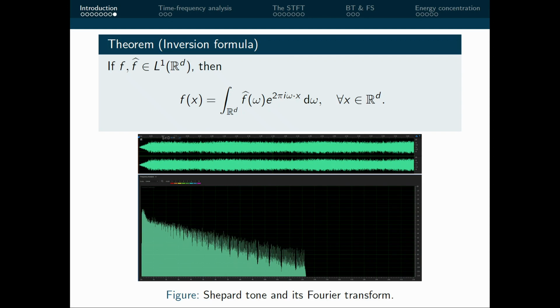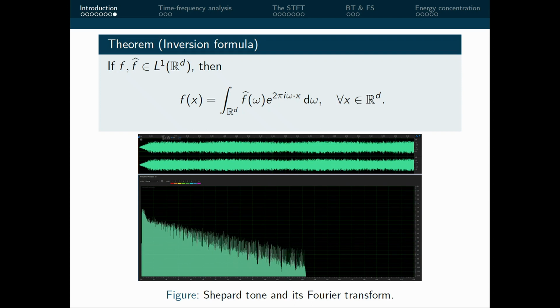So if you have a function in L2, you can invert it. Another thing that you can do is take a signal, Fourier transform it, modify it, and then bring back a modified signal that's going to be similar to what you started from, but will have some other properties depending on what you modify.